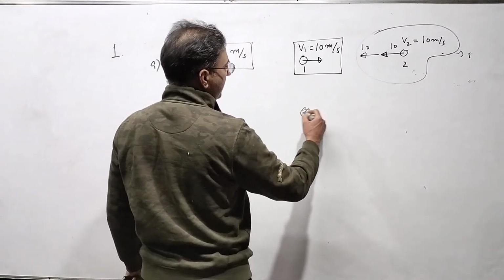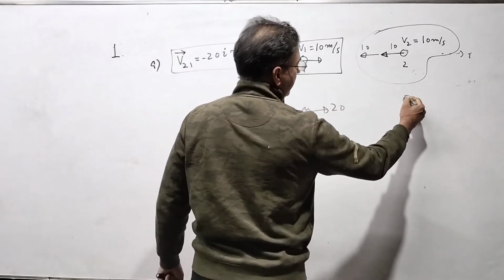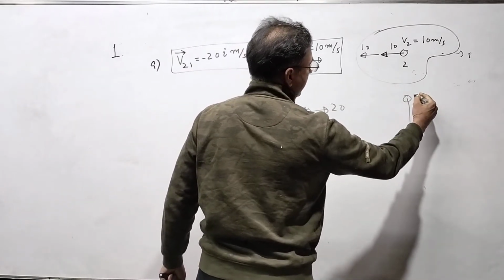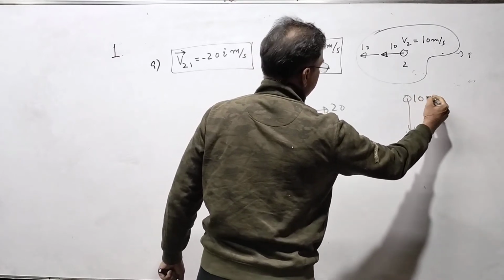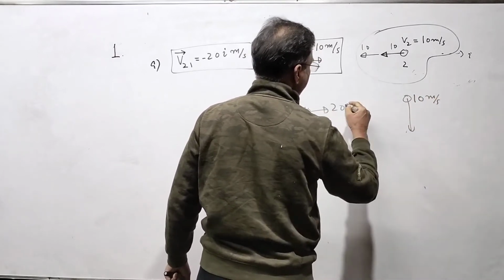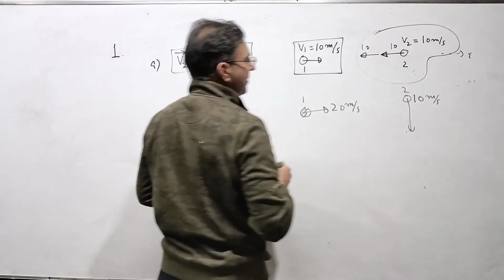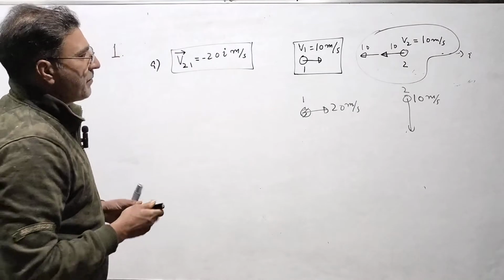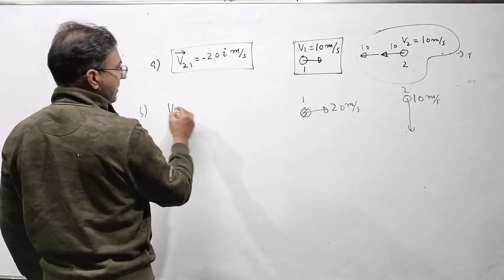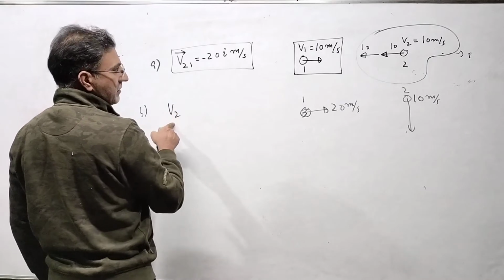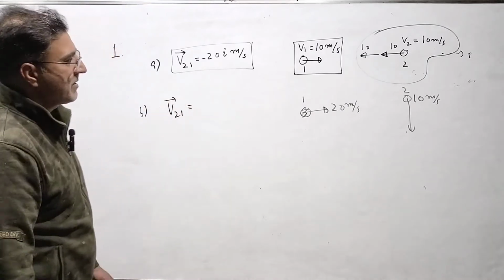There is a particle here whose velocity is, suppose, 20, and the particle here, its velocity is 10 meters per second. It is the first particle, it is the second particle. What is the velocity of the second particle with respect to the first particle? How to find it?